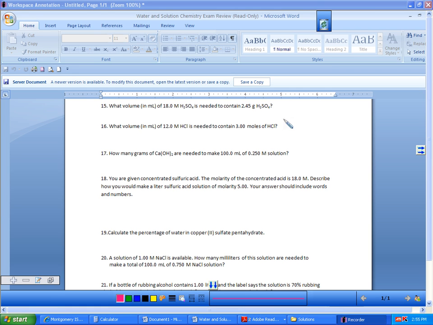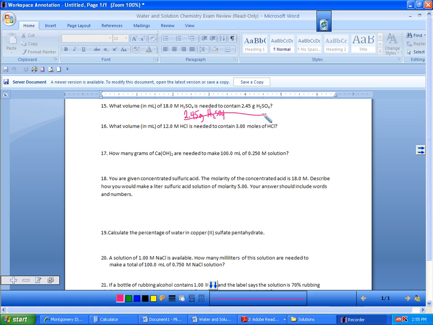So on number 15, we're looking at the volume in milliliters from an 18 molar H2SO4 solution to contain 2.45 grams of H2SO4. So what I said was, okay, I'm going to take my 2.45 grams of H2SO4.